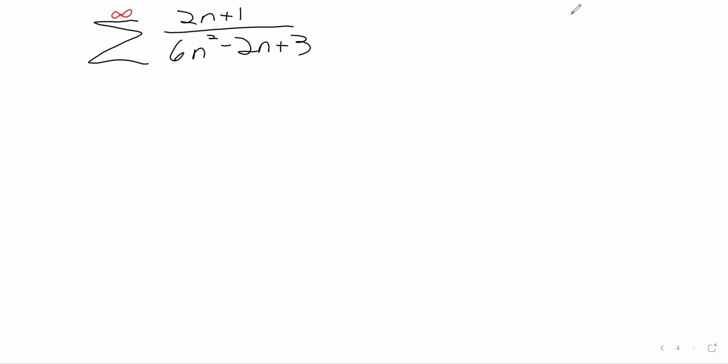So that linear expression looks like 2n, and that quadratic expression looks like 6n^2, so this thing starts to look more and more like 1/n. And 1/n is harmonic.